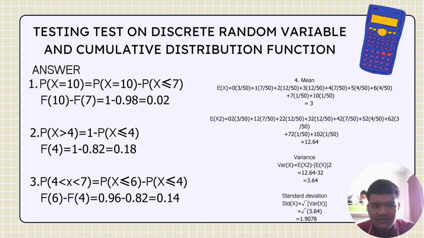From those data and questions for the test on discrete random variable and cumulative distribution function, these are the answers for all the questions as we use the formula in the first slide given.